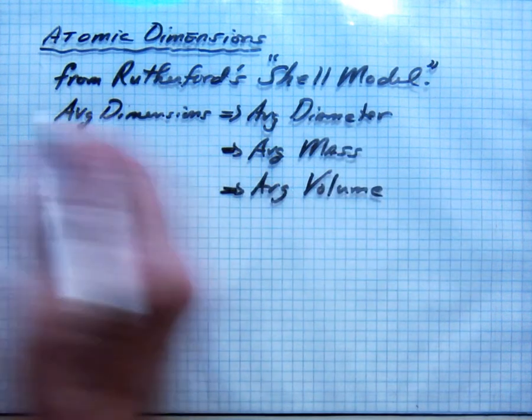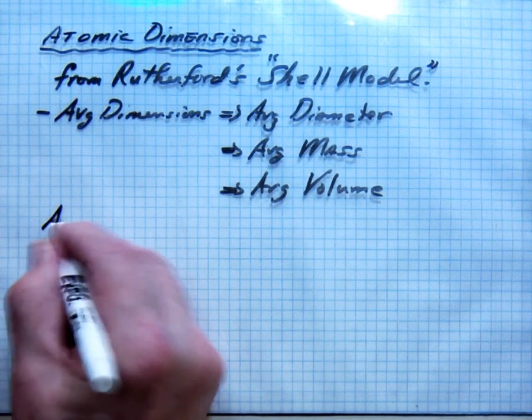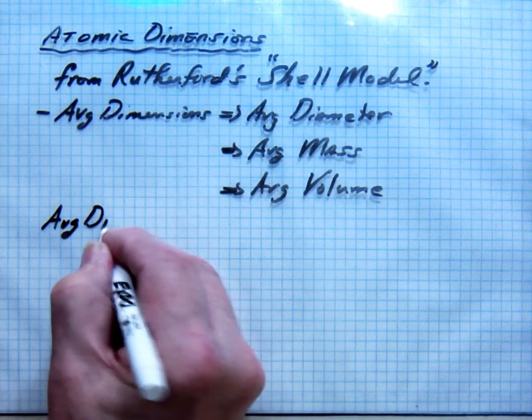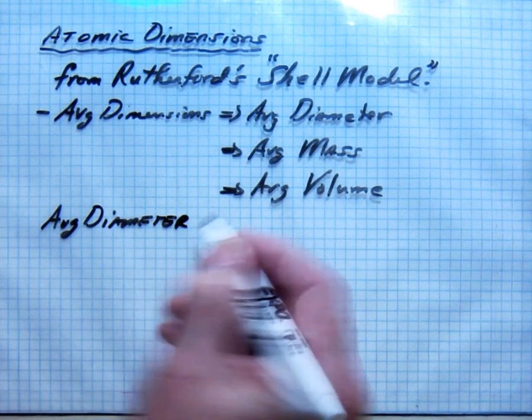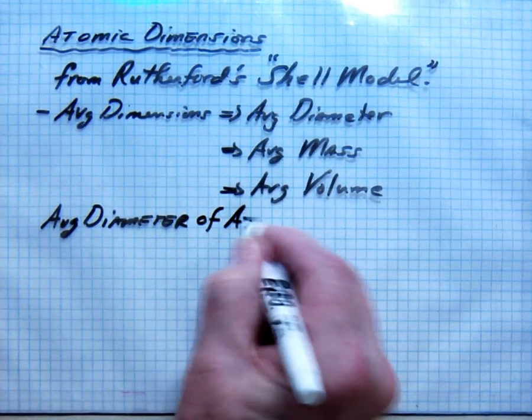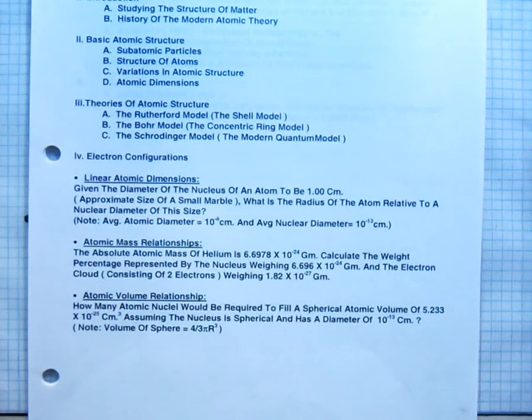Okay, we will begin now with the average diameter of the atom. And it says in the little problem, this is classic. This is not designed to be a brain teaser or anything. Everything's there.